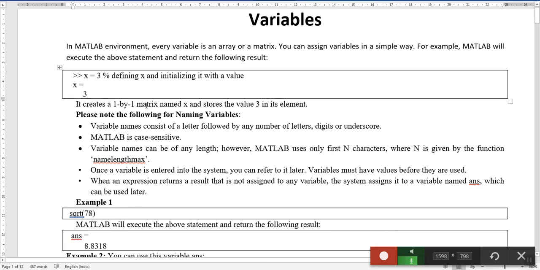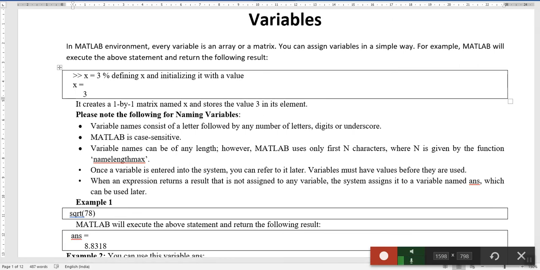By default, if you give the value 3 to x, it is stored in a 1 by 1 matrix, as we discussed in our last class. All constants and variables are matrices, nothing but arrays, one dimensional or two dimensional, depending on the situation. Variable names consist of a letter followed by any number of letters, digits, underscores, etc.